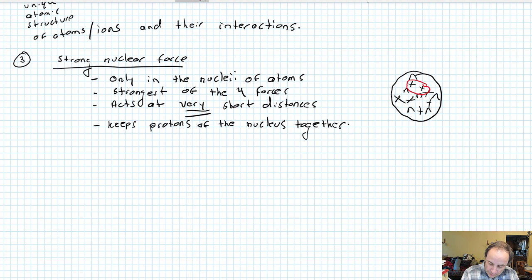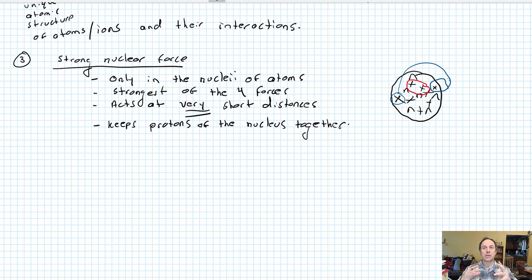But if you take these two, here the strong nuclear force is much smaller and getting closer to the magnitude of the repulsive force that's pushing those positive charges apart.